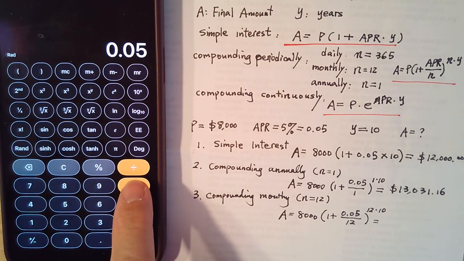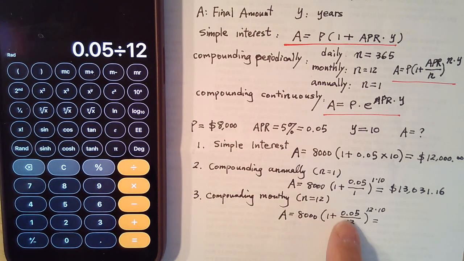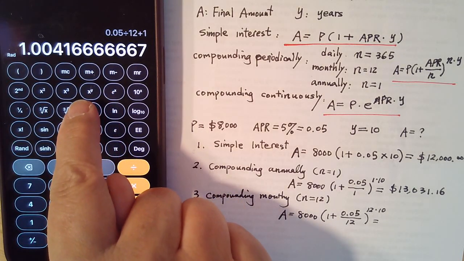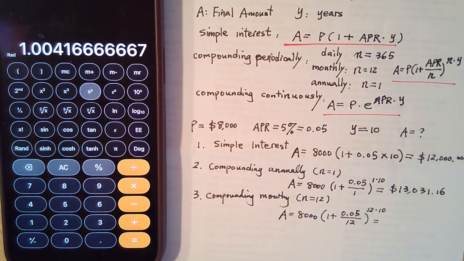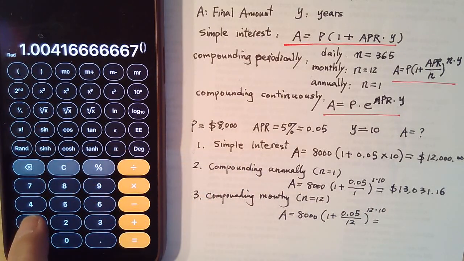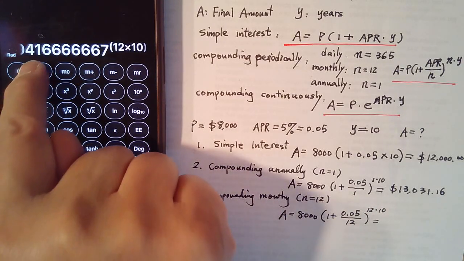So 0.05 divided by 12, okay, and then I multiply, and then I plus 1, equal, all right. Again, I do not write down this number because this number has so many digits. I'm lazy. I don't want to write that number. Next, I need this number, take that to the power of, x to the y, okay, to the power of 12 times 10. So I use the parenthesis, 12 times 10, close the parenthesis.